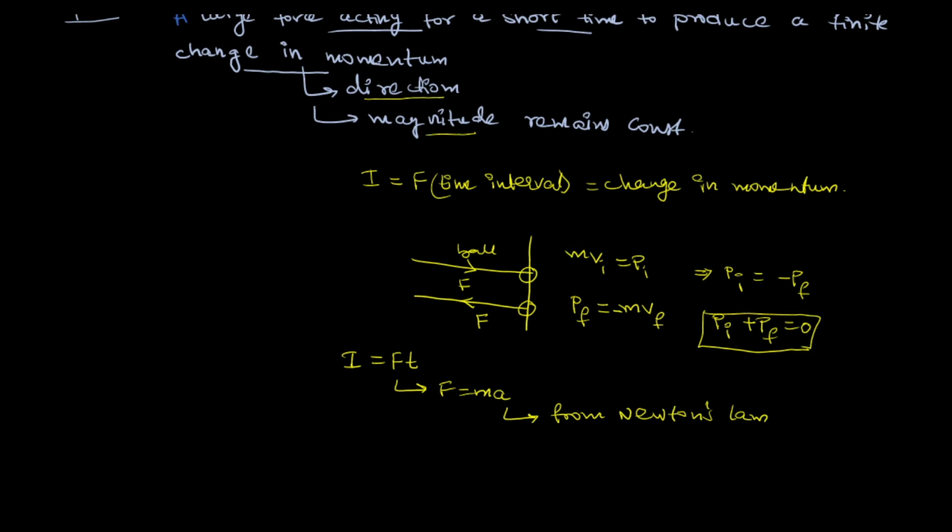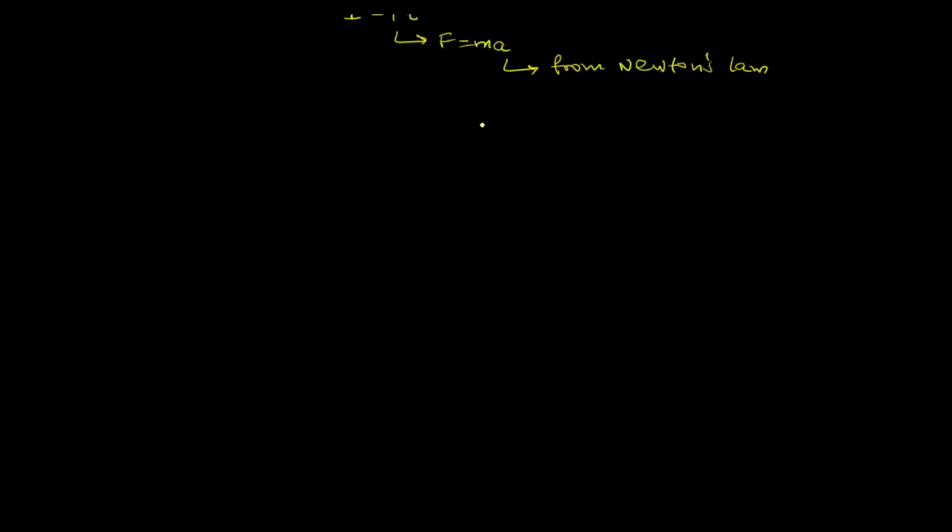Acceleration is the change of velocity with respect to time. Acceleration is equal to final velocity minus initial velocity by time t. Therefore the impulse I is equal to mass into acceleration, that is, mass into (v minus u) by t, into t.